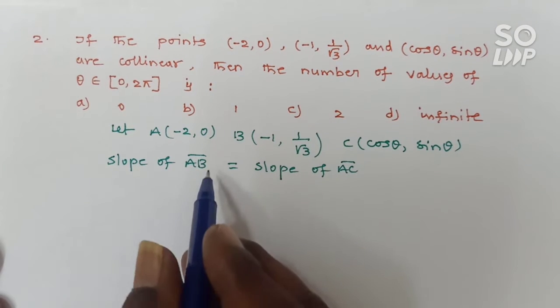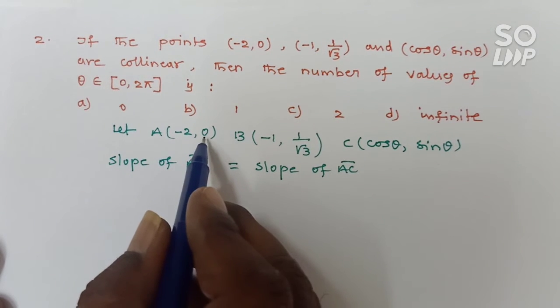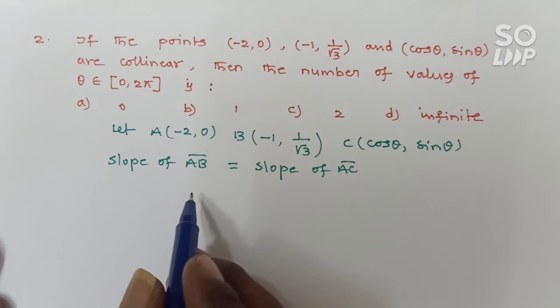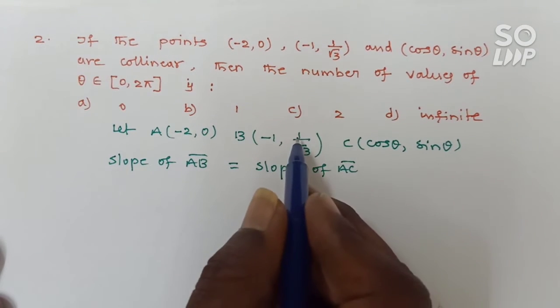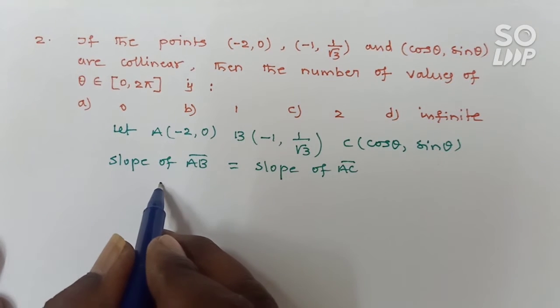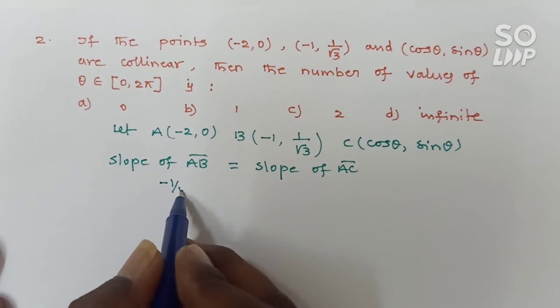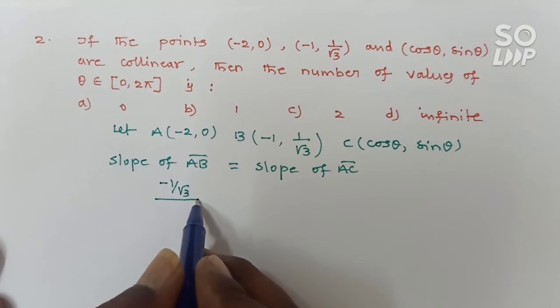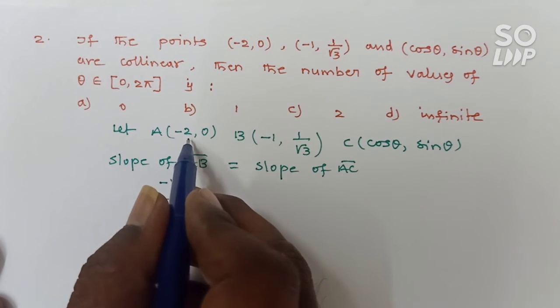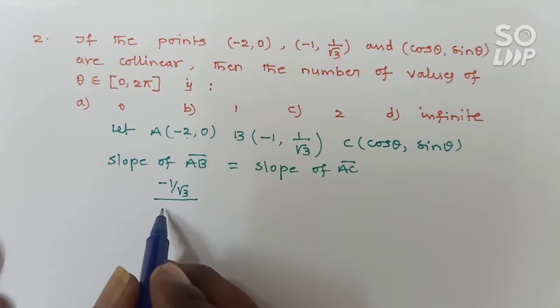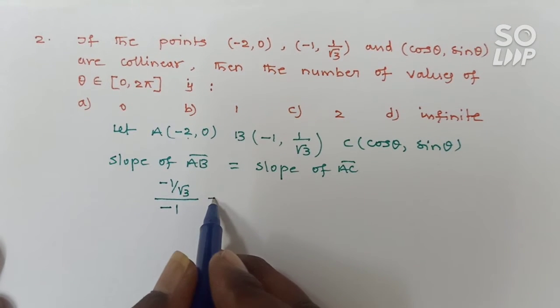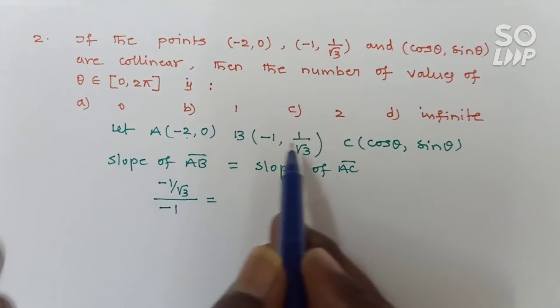Now tell me what is the first slope of AB? y1 minus y2, that is 0 minus 1 by root 3, that is minus 1 by root 3, whole divided by x1 minus x2, that is minus 2 plus 1, that is minus 1, is equal to slope of AC.